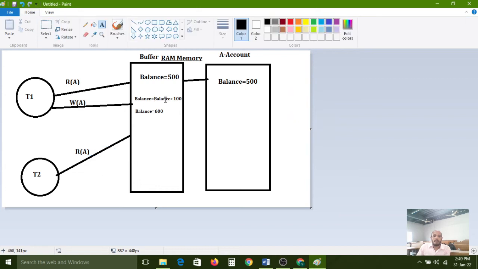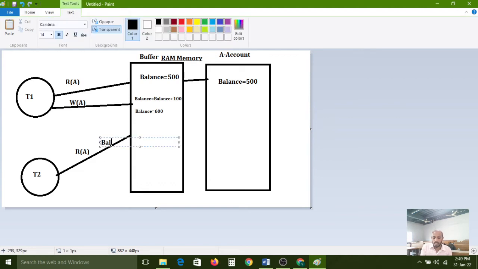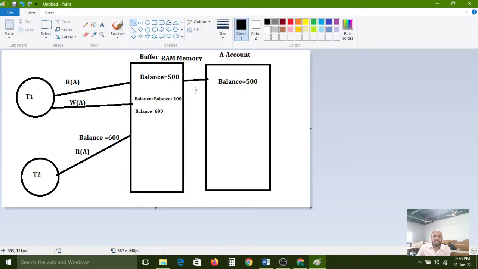So when reading, the balance collected is 600. This amount is collected from buffer memory, but the T1 transaction has failed to store this 600 amount in A account.